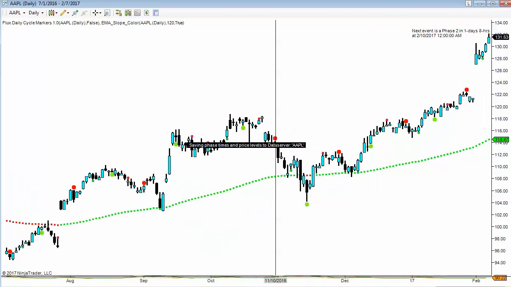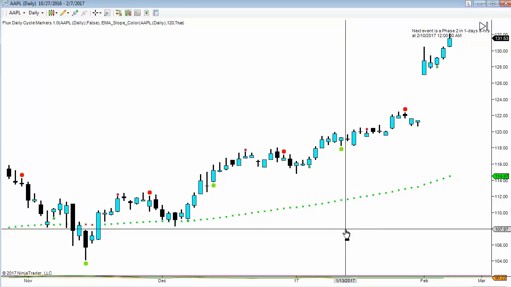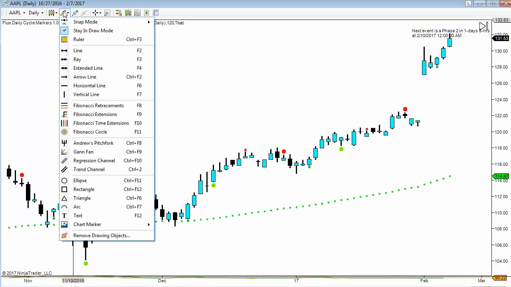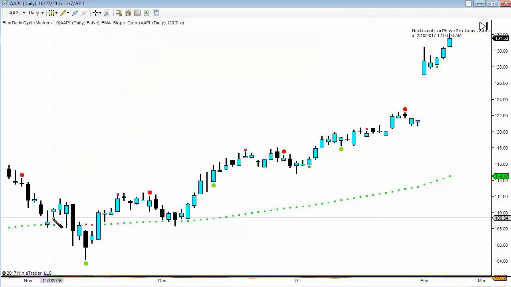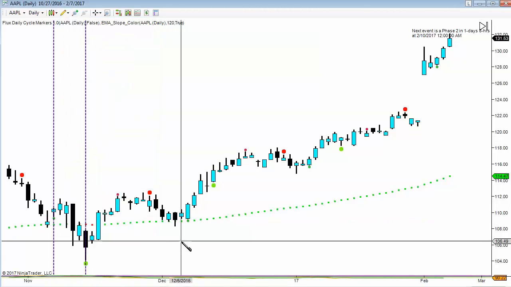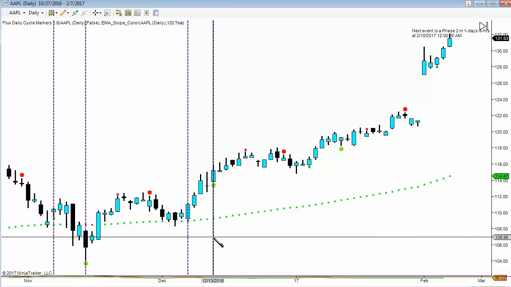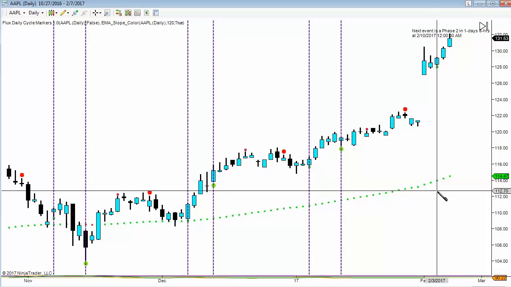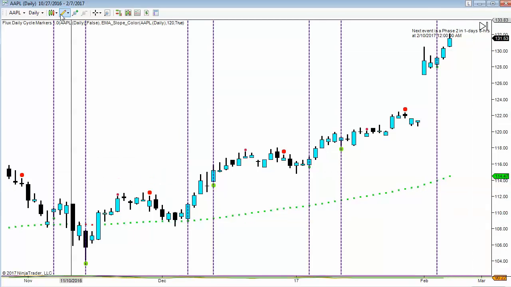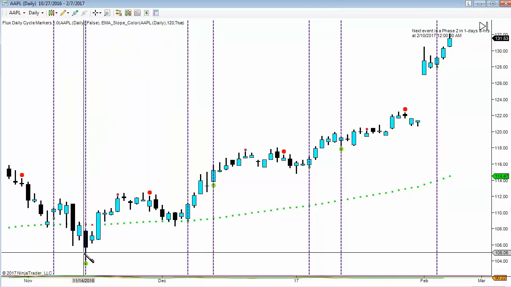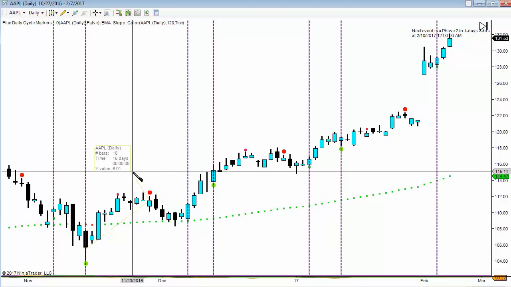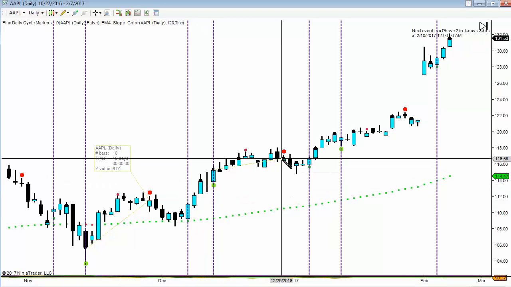Okay, so here's an example of that same cycle with Apple. So Carol, if we look at the price of Apple stocks, look what happens at the phase 1s and the phase 2s. If you had bought Apple at the close of the phase 2 and held it to the close of the phase 4, there's a $6 move.